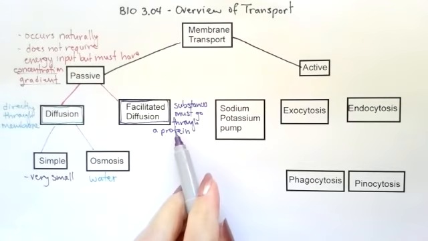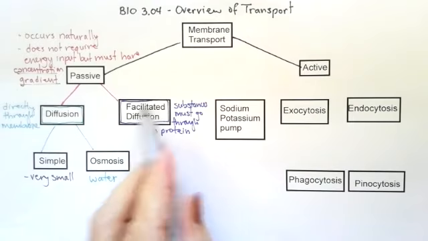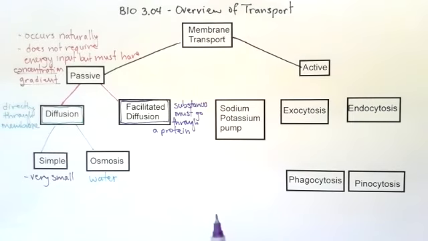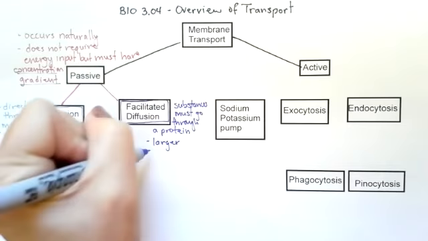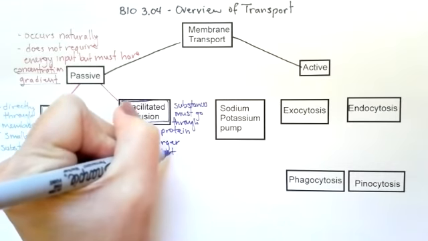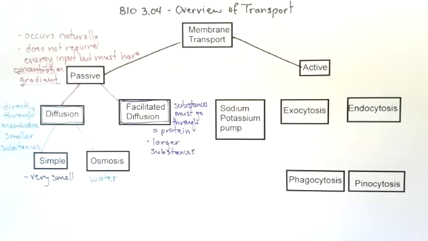The reason some of these other compounds can't get through the membrane, they need a protein, is because they're too large. So these are smaller substances, and these are larger substances.